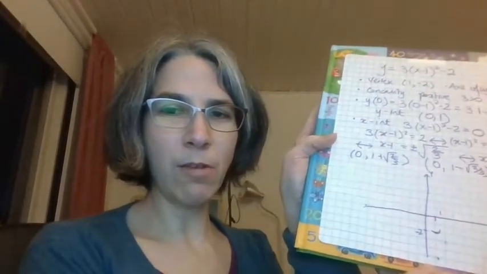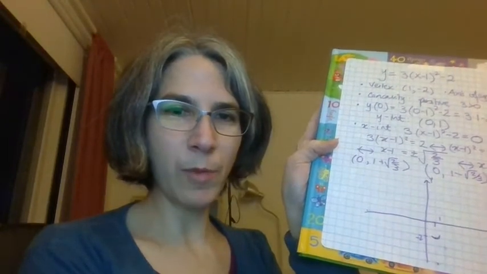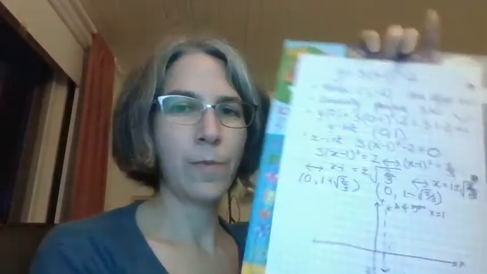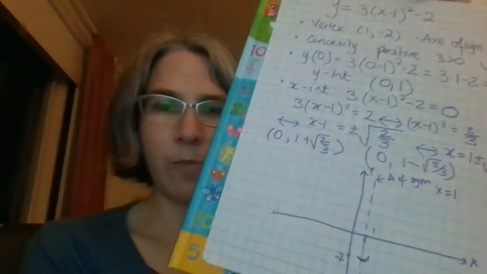And in the vertex, I have a little smile to remember that it has positive concavity. I have the axis of symmetry, x equals 1. That's also in my picture.